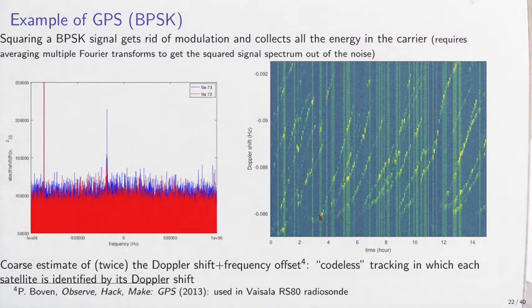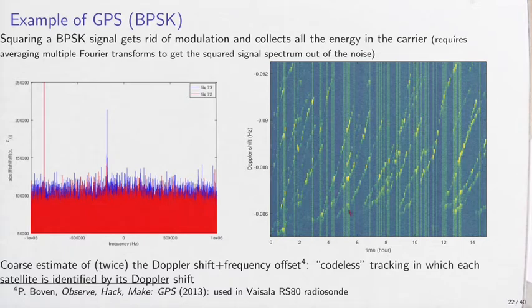And what you see here are the tracks of this squared signal, where we have multiple GPS signals at a given time, each with a different Doppler shift, and this Doppler shift is evolving as the satellite is flying, rising over the horizon, flying overhead, and then dropping on the other side of the horizon.